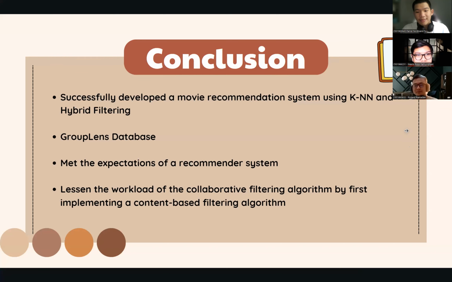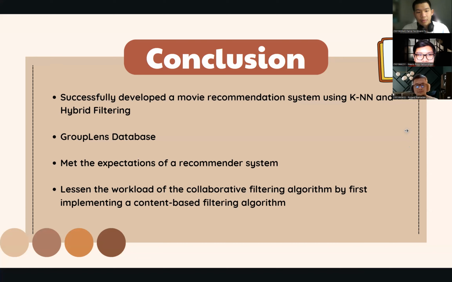Okay, now that we are nearing the end of our presentation, I will talk about the conclusions of our paper. First, we have successfully developed a movie recommendation system where we implemented KNN and hybrid filtering algorithms using a trusted database from the research lab GroupLens. The movie recommendation system that has been developed has met the expectations of a recommender system.